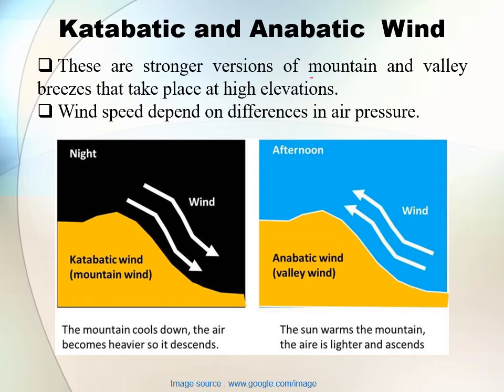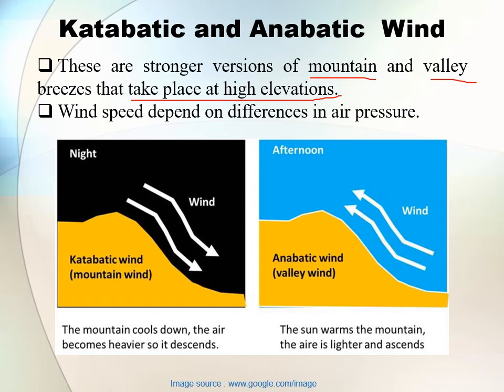In the higher elevations, during daytime, the wind movement occurs from the valley to the mountain walls and the higher slopes. So that is known as anabatic wind, or often it is nicknamed valley wind.